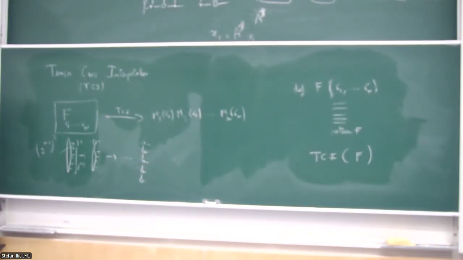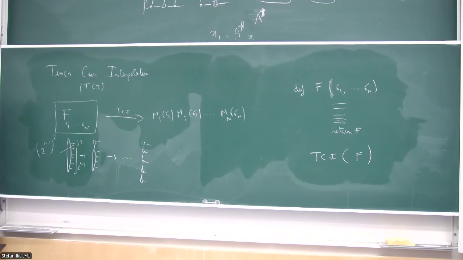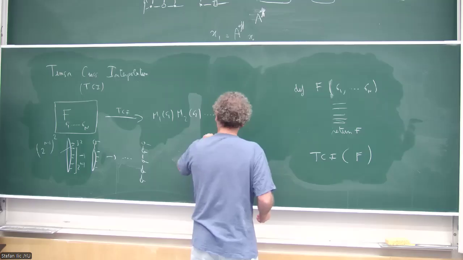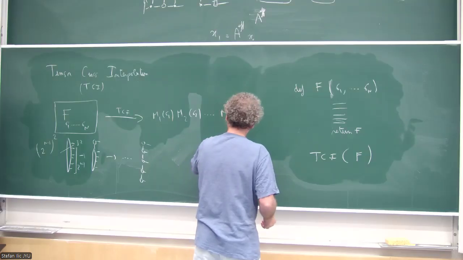It's implicit, exactly, but I want to be super explicit about what implicit means. It's a functional, if you want. But in practice, what TCI is going to do is generate data.